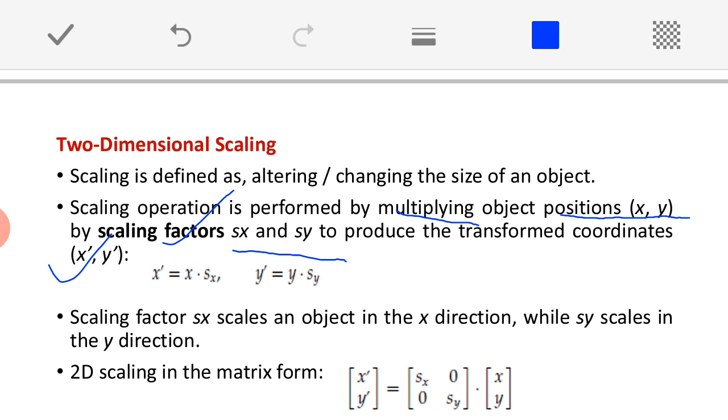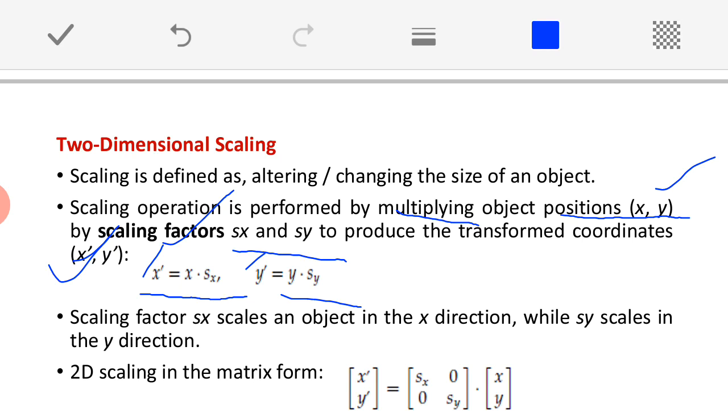So, if my point P(x, y) is there, to scale it to a new position (x', y'), what am I supposed to do? I have to multiply by the scaling factors, x into sx, y into sy, which will give me a new position (x', y'). That is very important. Here I am multiplying the scaling factors.